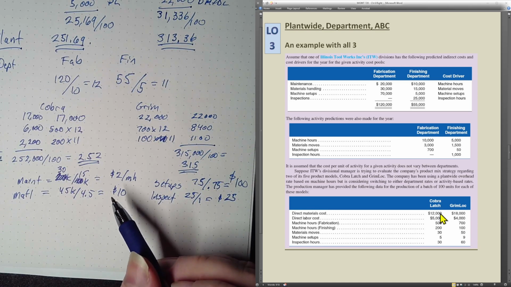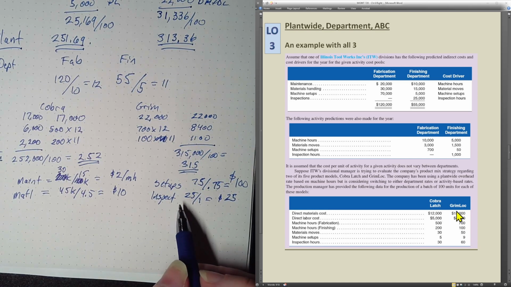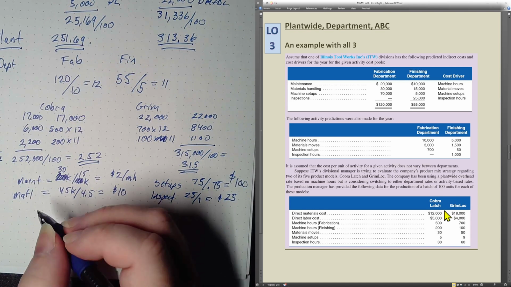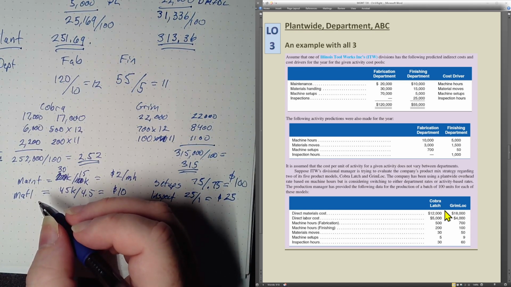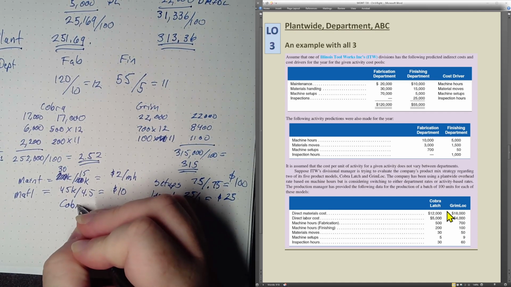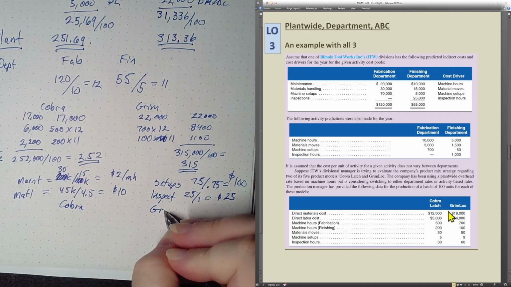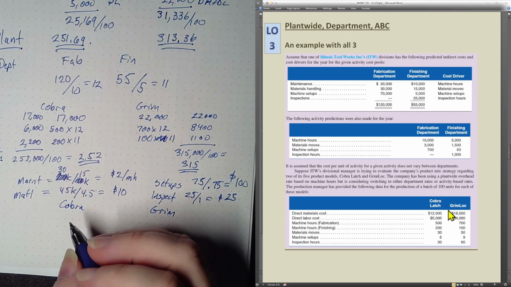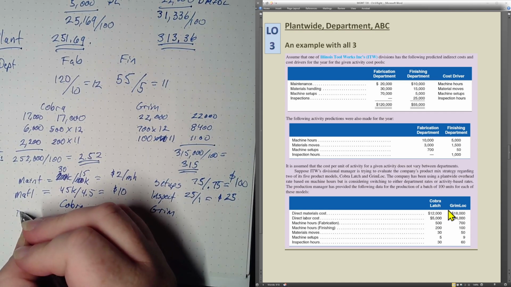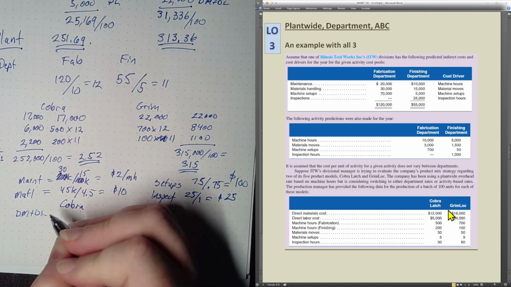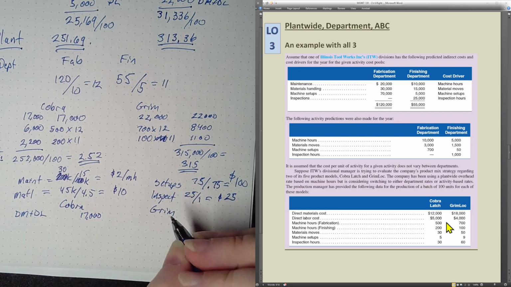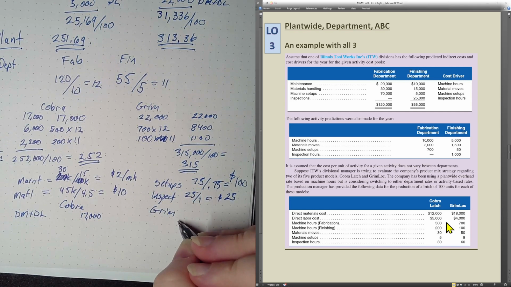And what we do is we go through and apply these activity rates to both of these products. So we have Cobra and we have Grimlock, and again we have to have the total direct materials and direct labor. That is going to come out to 17,000, and for Grimlock it's going to be 18,000.